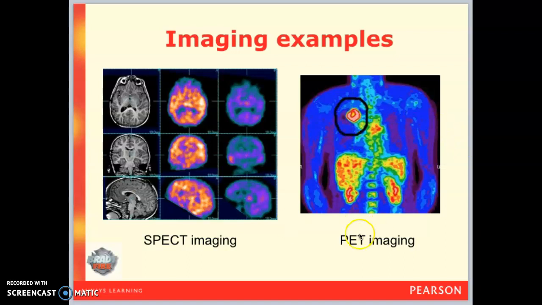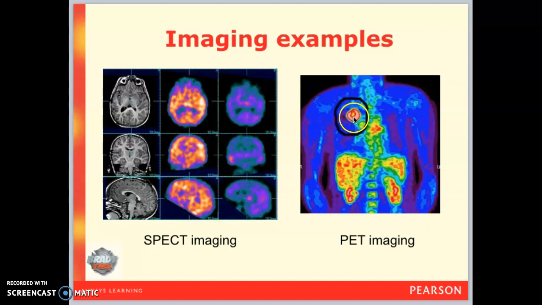In this particular case, a gastrointestinal kind of look was able to pinpoint this piece right here. This is actually a tumor on, I believe, the lung of this particular patient.